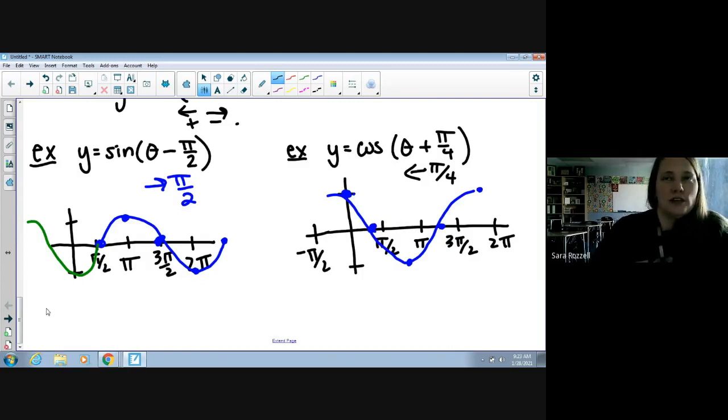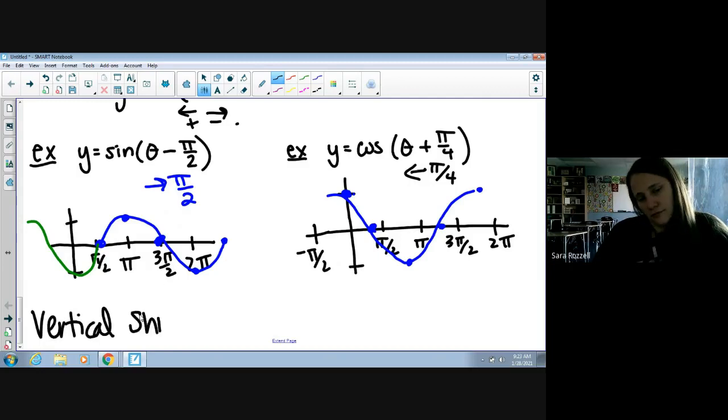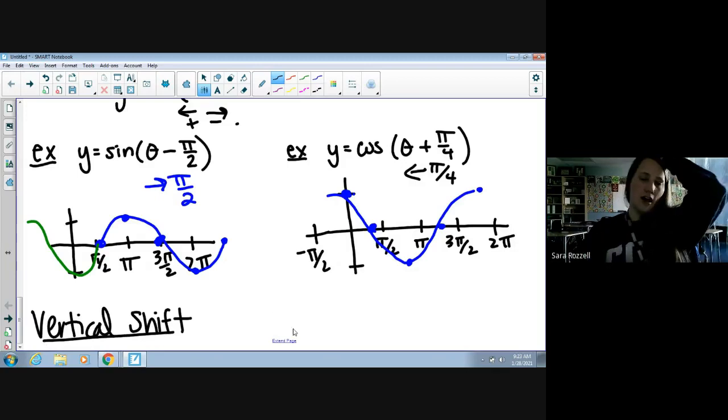Hey, and the last one, these are vertical shifts. They don't have a special name. That's just moving the whole thing up or down.